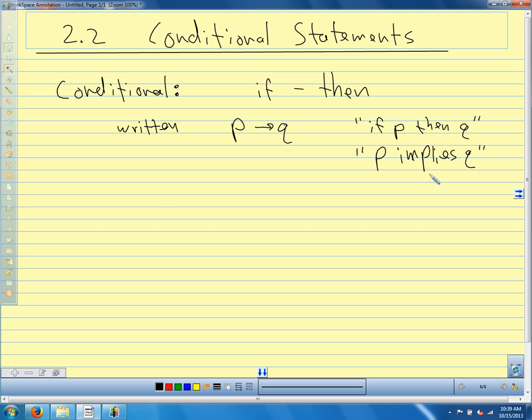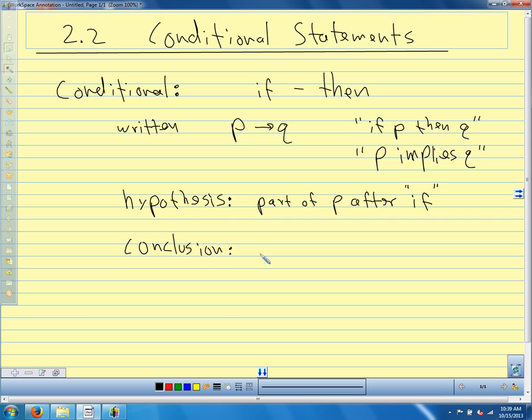And we're going to talk about the parts of a conditional statement. A hypothesis is the part of P after if. So the hypothesis is the part of P after the word if. We don't include if, and we call the other part the conclusion.